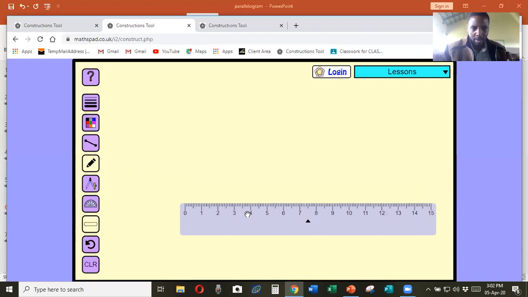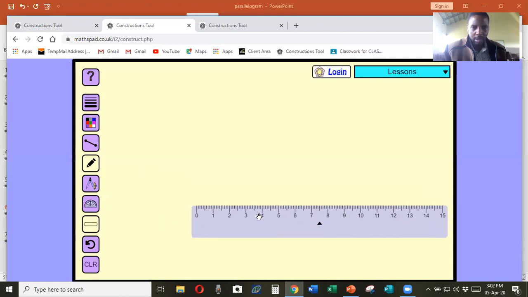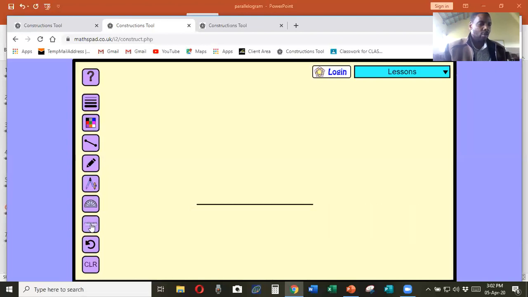Let me move it a bit. Remember, we start drawing a line from 0 mark, draw up to 7, there. Then after that, remember we are given line EH, which is 5 centimeters, and angle GHE, which is 45 degrees.